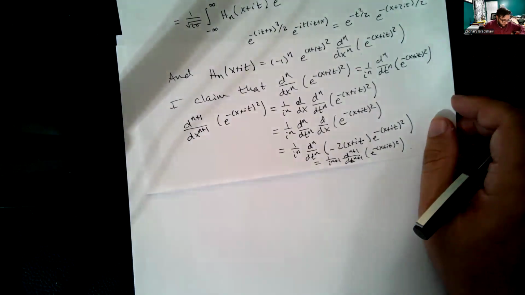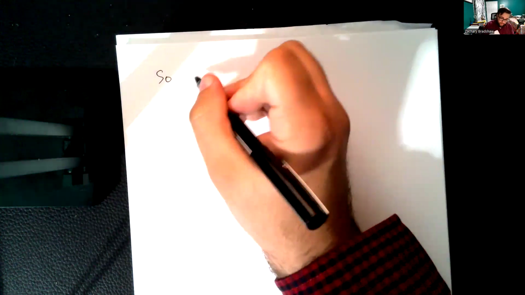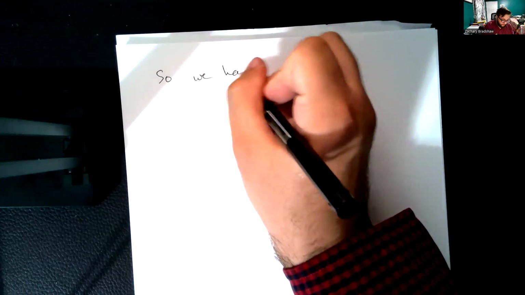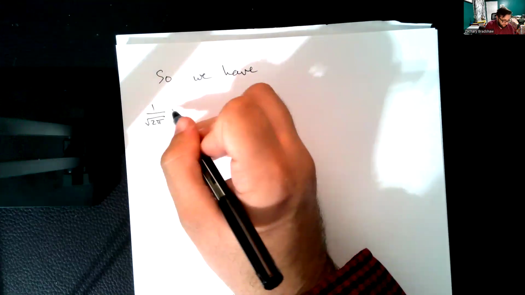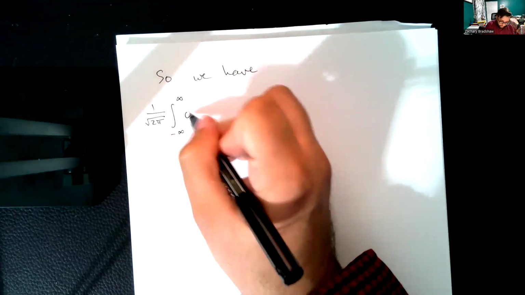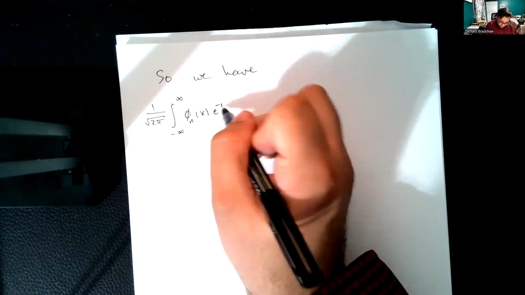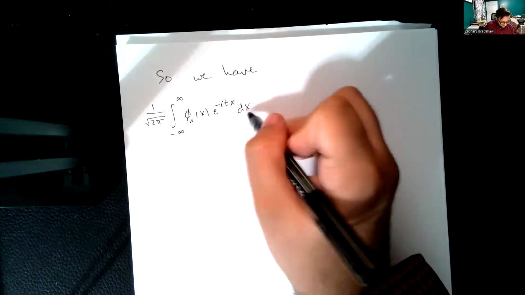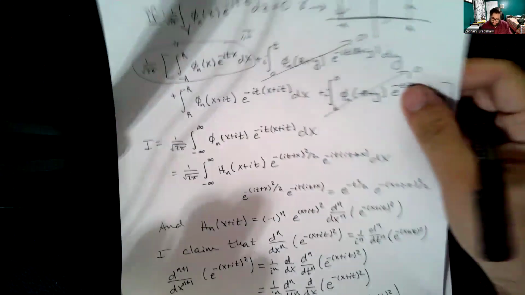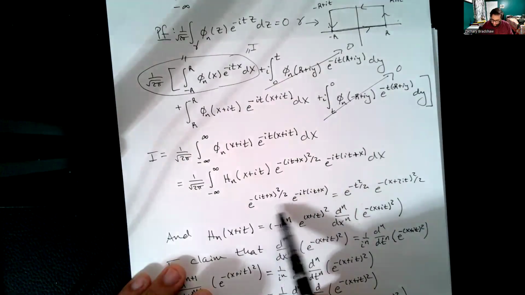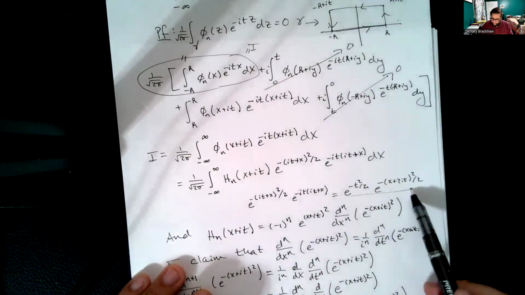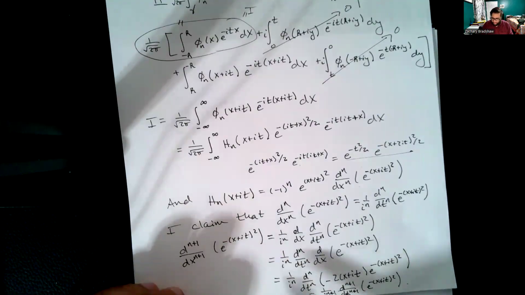And now I need to use this claim. This tells me that the integral I want, so I'll write it down again just so we have it here, is now equal to, so I'm going to use both of these results. It's equal to this guy, and I'm going to use this result that allows me to write this in this form, and then I'm also going to use this result down here.